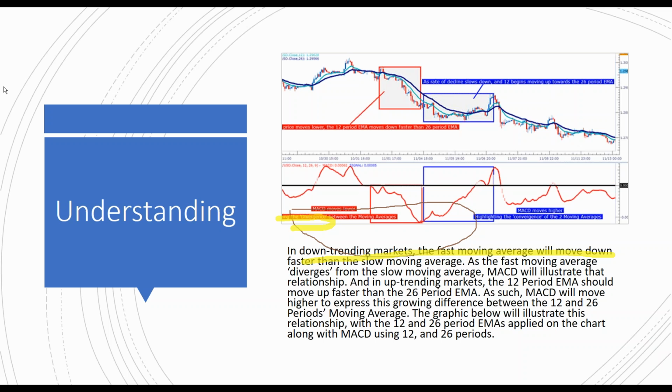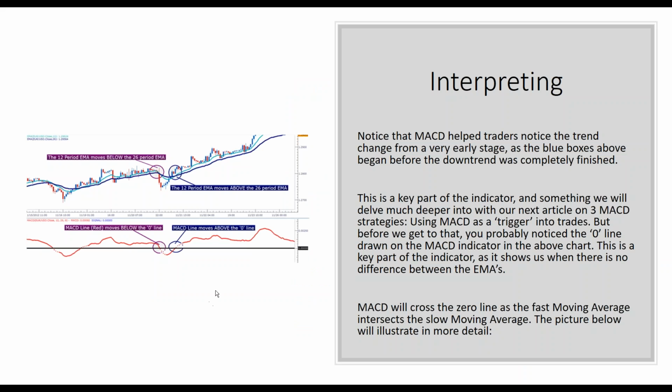Now, you have to understand what's causing these lines to move. Then what happens is these lines will either diverge or converge. They will come together. Now, notice that the MACD helped traders notice the trend change at a very early stage.